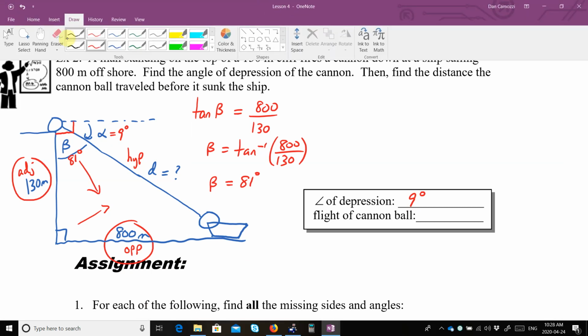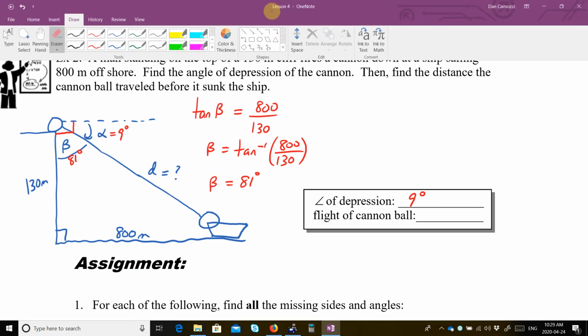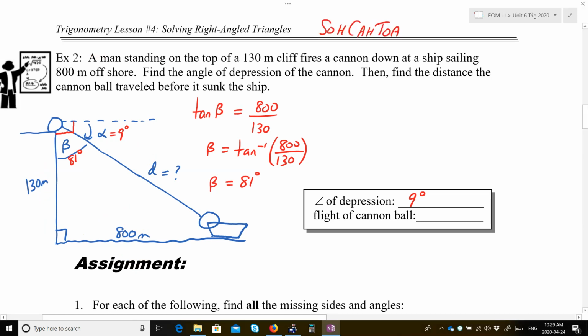So we can erase some things here. And we can go a squared plus b squared equals c squared. This is a, this is b. Across from the 90 is the hypotenuse, which is c.